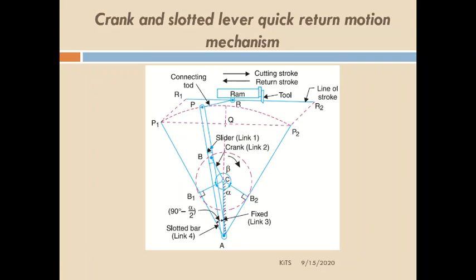Now take this angle. If you take sine of 90 minus alpha by 2, what would be the answer? Sine of 90 minus alpha by 2 will be equal to the opposite side divided by the hypotenuse. What is the opposite side?